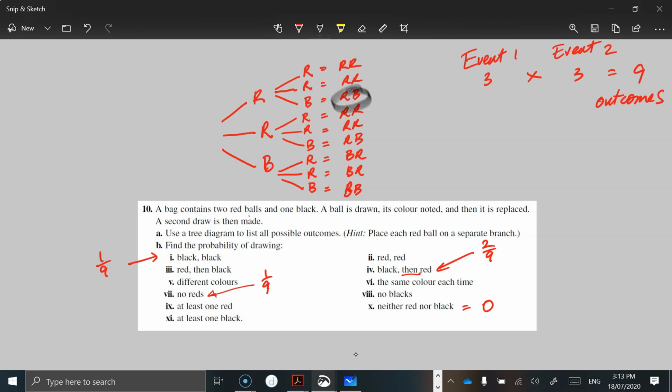How about we highlight it? The outcomes that have at least one black are that one, that one, that one, that one, and that one. Okay, there's 4 of them that are just 2 reds, and the others at least have 1 black. In this case, we count them all up, so 5 out of the 9 possible outcomes meet that description.